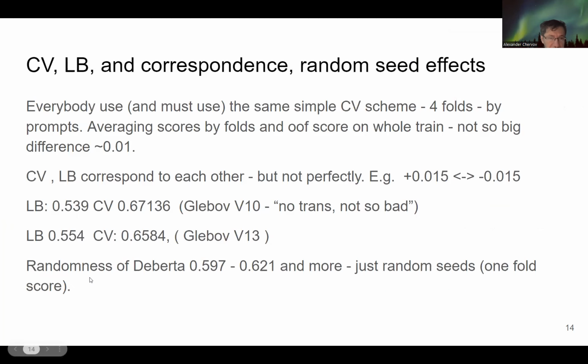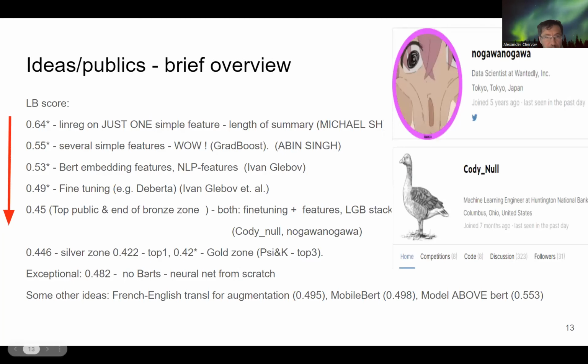One person presented a notebook with no BERT, and he wrote a neural net from scratch, just on the text. And he achieved quite a good score, even better than this fine-tuning of the DeBERTa. This is quite a complicated notebook, but very impressive.